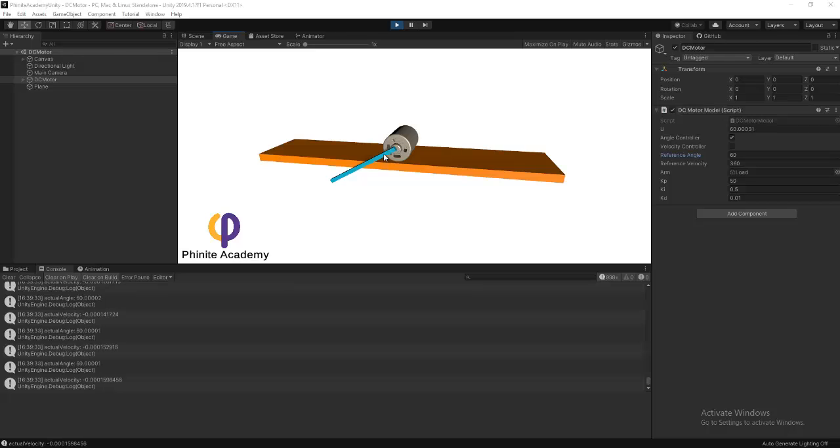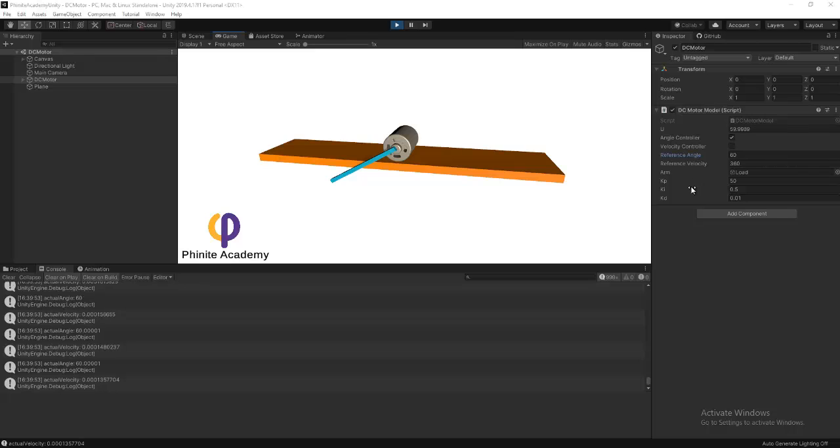So we add the rod at the end of the motor, and then we can see the whole difference in the motor rotation, okay?